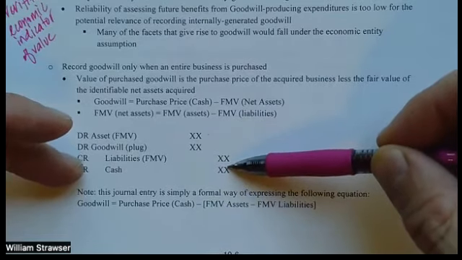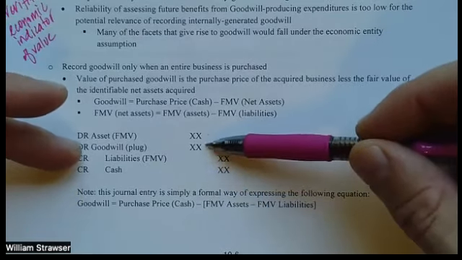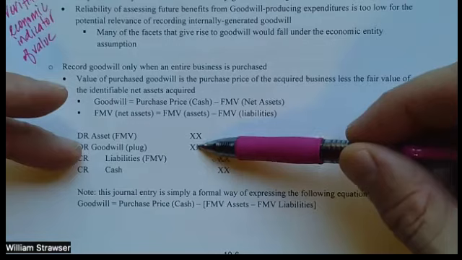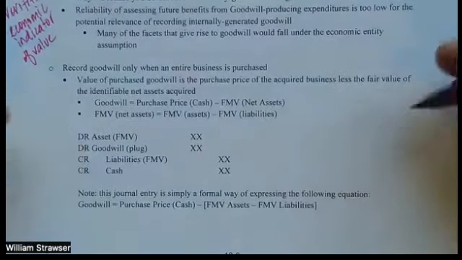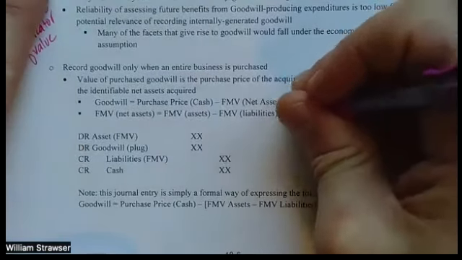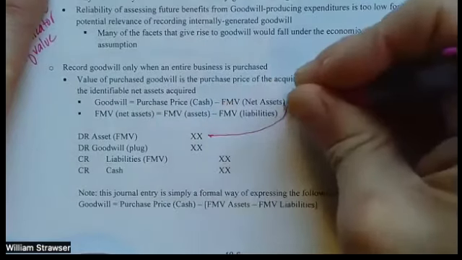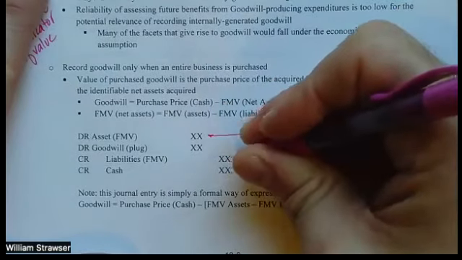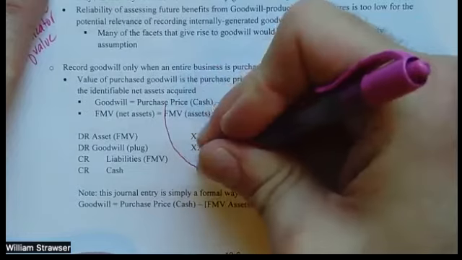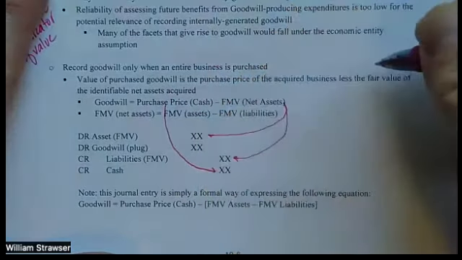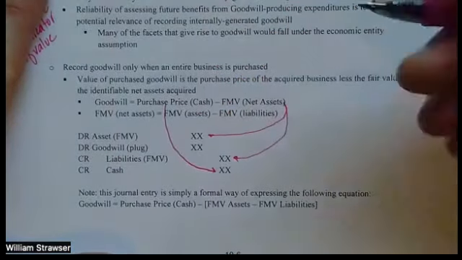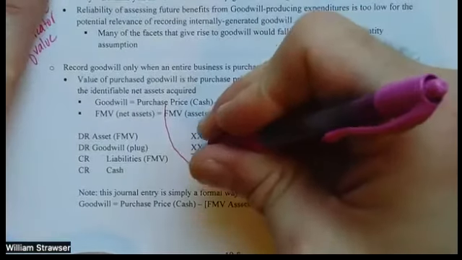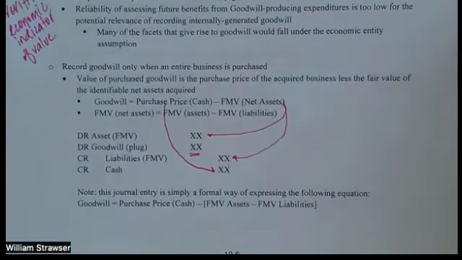Of course, we pay cash, so we credit that. And then goodwill just becomes the plug to this equation, right? The fair market value of the net assets is split between debiting those assets and crediting those liabilities. I paid the cash, so that is a credit there. And then the result of that, the missing piece, is the goodwill, which plugs in right there as an asset.